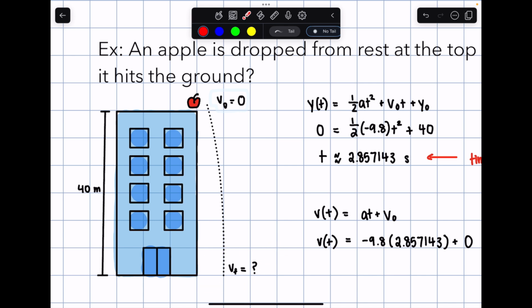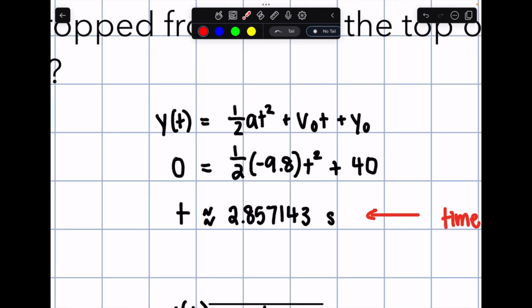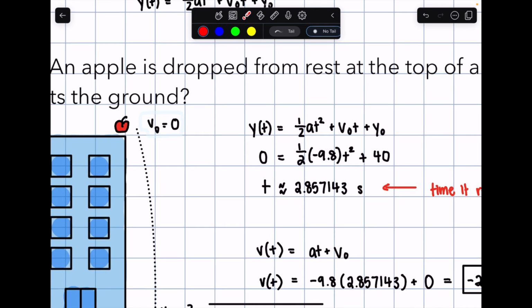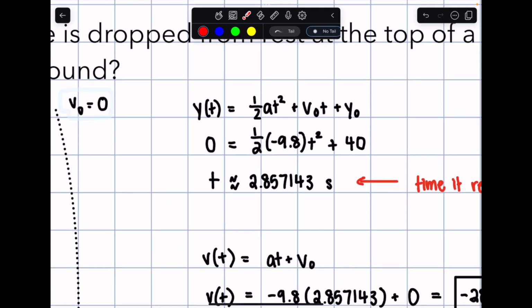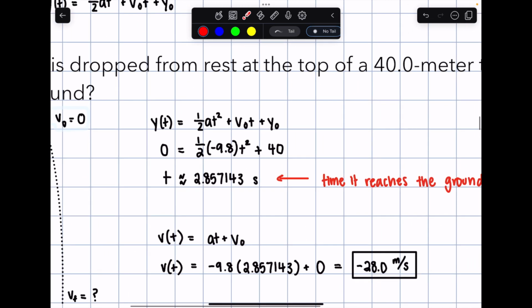So to solve this, we first have to look at the position equation for this situation. Because this is a situation of free fall, our acceleration is going to be negative 9.8. And so we plug everything we know into this equation to solve for time. When we solve for time, we get time is approximately equal to 2.857 seconds. The reason that we keep 6 decimal places is because we're going to be using this answer to calculate the velocity.